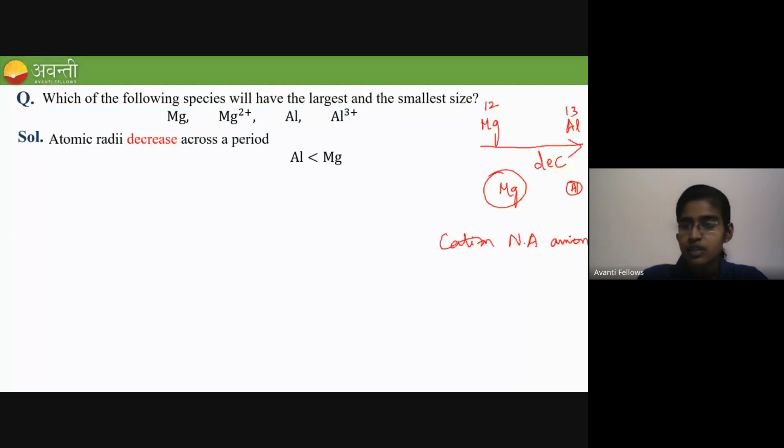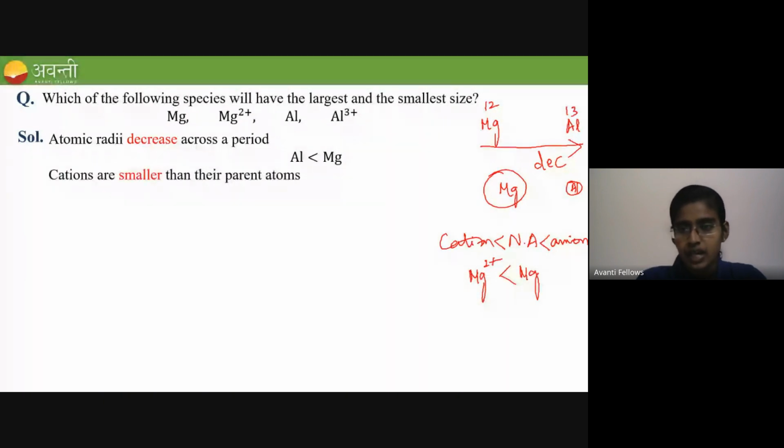I told you about a neutral atom, cation and anion. If I compare these three, anion will have the largest radius, then neutral atom, then cation. Now magnesium is the neutral atom and magnesium 2+ is a cation, right? Who is going to have the highest size again? Magnesium. So cations are smaller than their parent atoms.